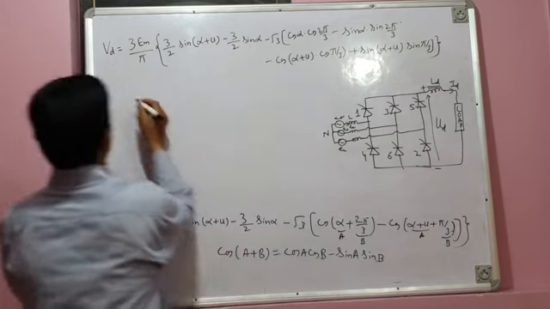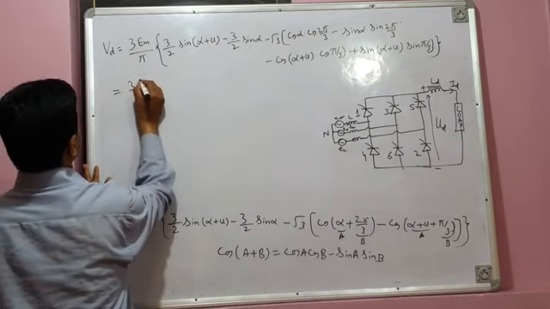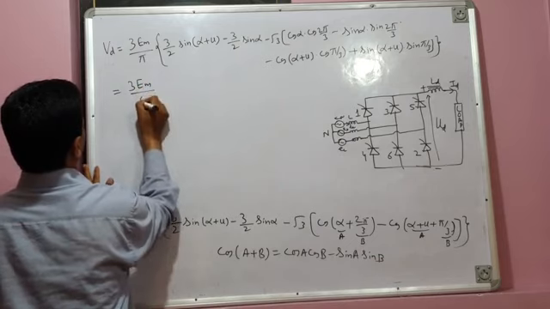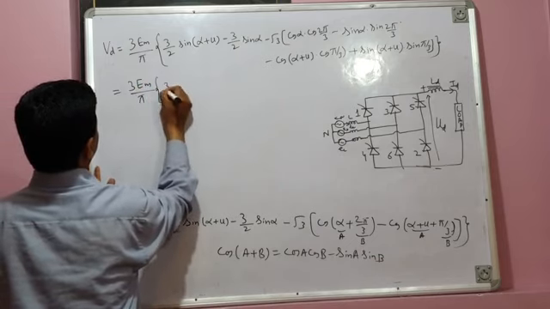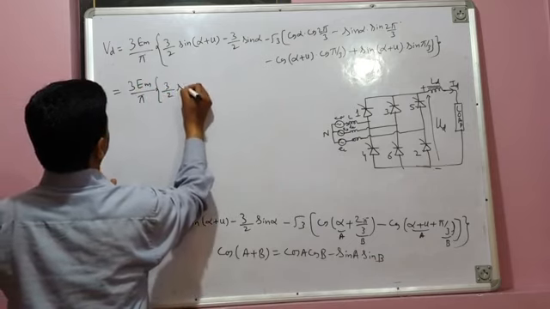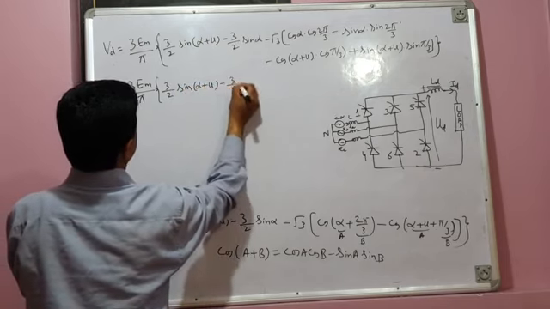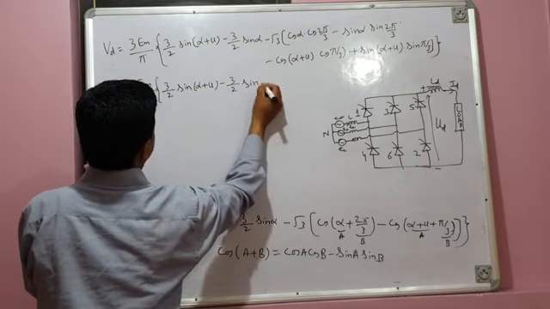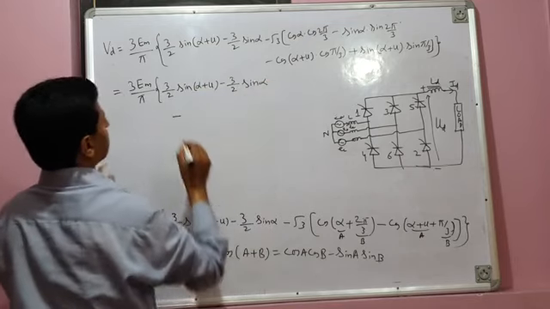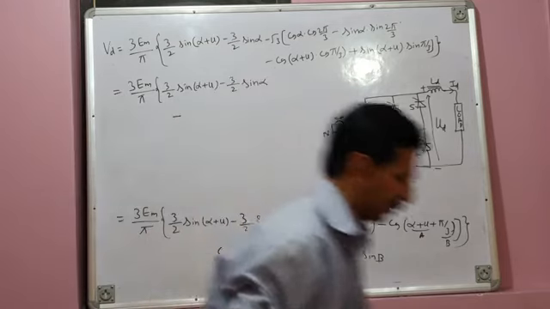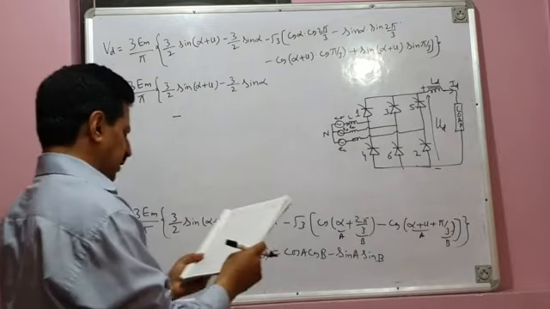Okay. So this can be further simplified as 3 by pi into 3 by 2 sine of alpha plus u minus 3 by 2 sine alpha. Now what is cos 2 pi by 3? I have already calculated it.